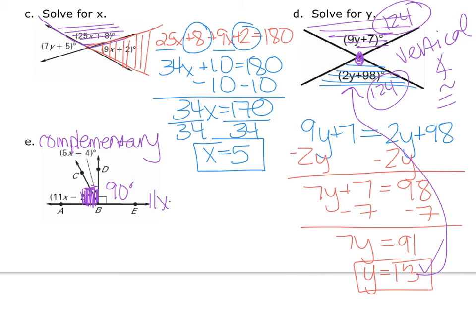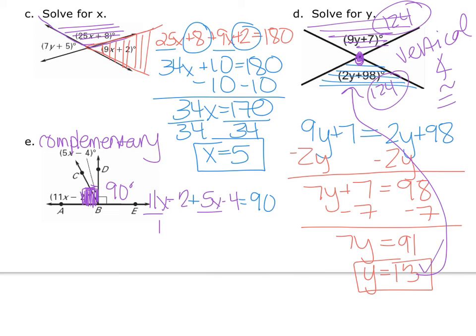Two angles. There's one. Here's the other angle. It's two angles whose sum is 90. Because I know that if this side of the angle is 90, then these two smaller ones put together have to be equal to 90, because 90 is perpendicular. That means DB is straight.